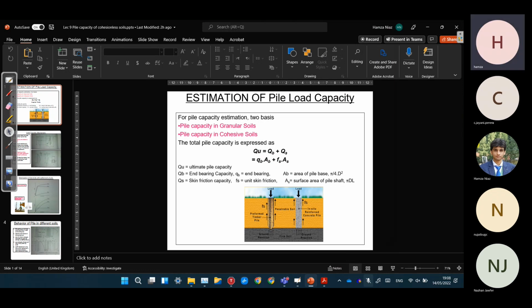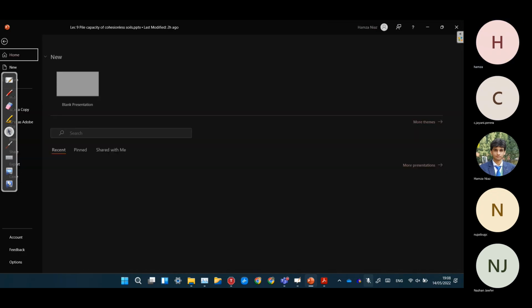Today we are going to discuss the subject. For this foundation part, we have two different topics. Mustafa's side is pile design, and the other side is the consolidation settlement.